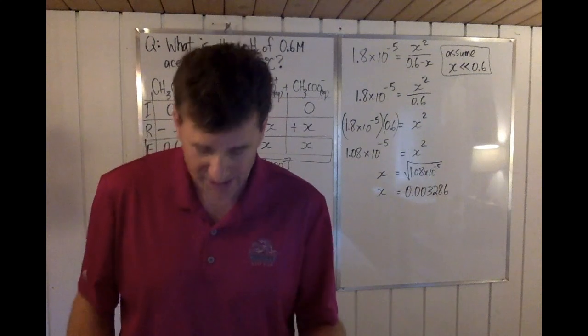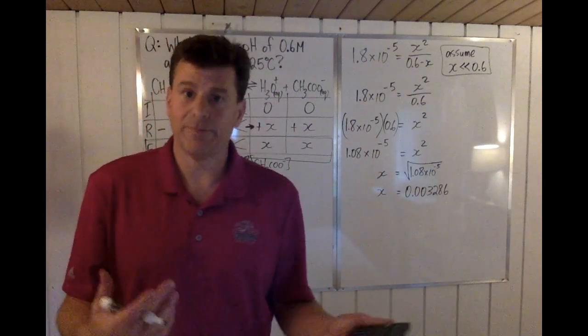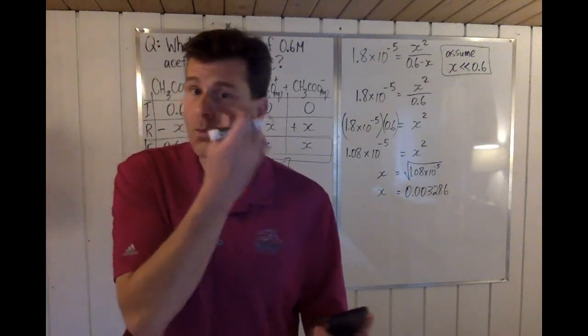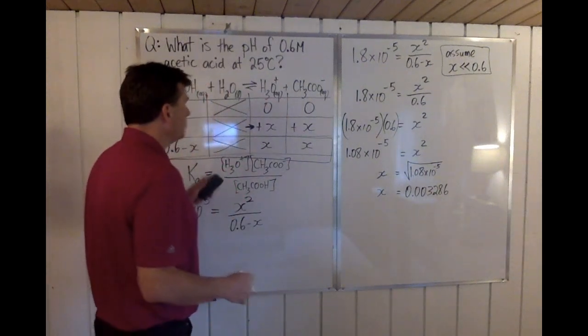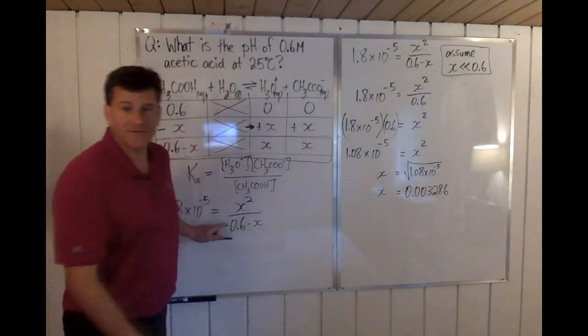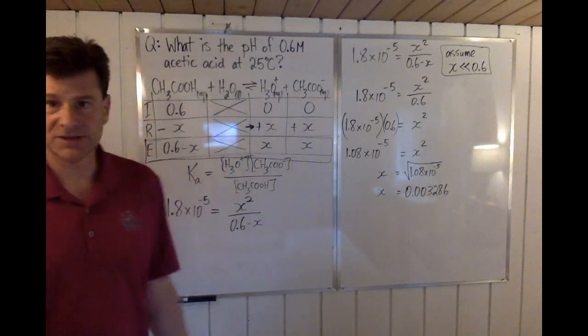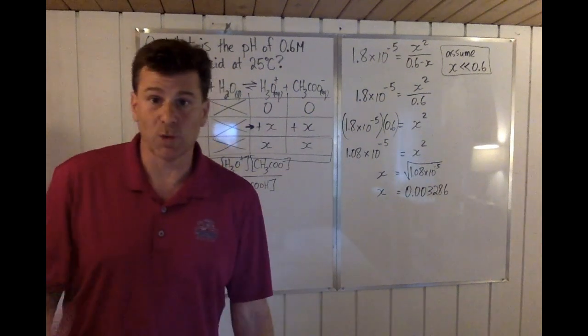Okay, so how many sig figs do I get? Well, we have to look back at our calculation and figure out what the limiting factors are. When we originally plugged in these values, the Ka had 1.8, so that's 2 sig figs, and the concentration down here had 0.6, so that's just 1 sig fig.